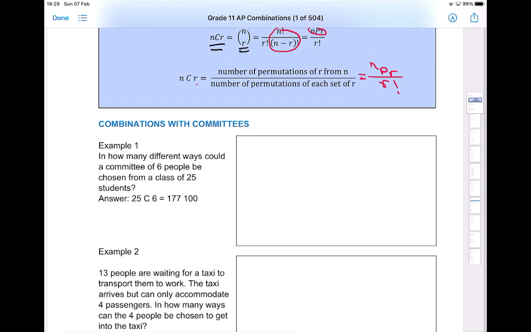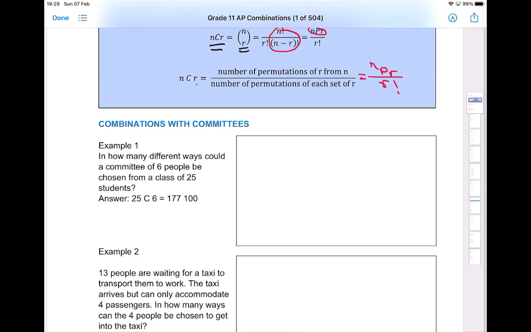When you read this question, you should understand, obviously, that this is not an arrangement. We are not asking in how many different ways those students can be arranged or can stand or sit in a line. We are asking how many different ways can we form a committee of 6 from 25 given students.